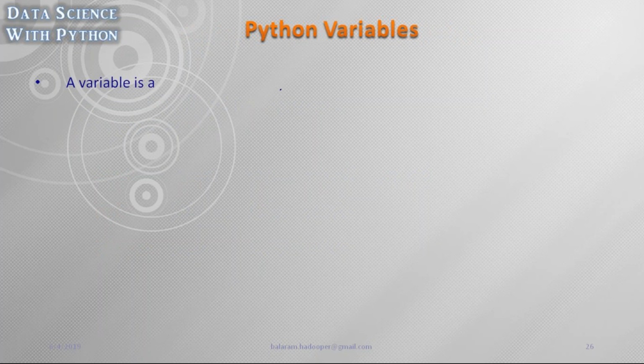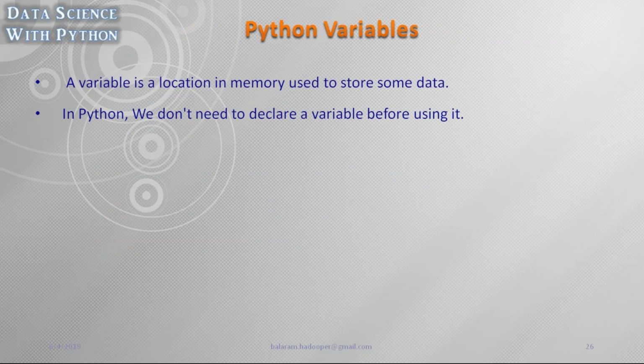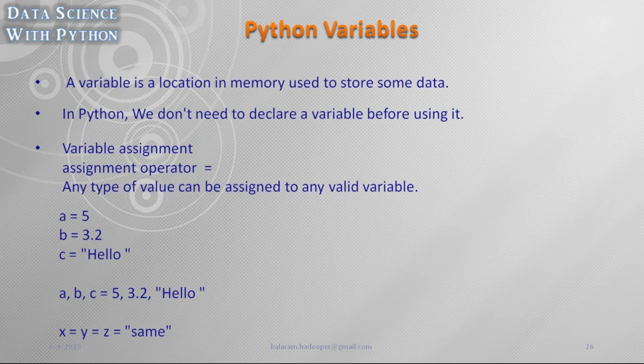A variable is a location in the memory which can store some data. In Python, we need not declare the variables. Directly you can give a equal to 5, b equal to 3.2, c equal to hello. Or you can assign in a different way: a, b, c equal to 5, 3.2, hello.